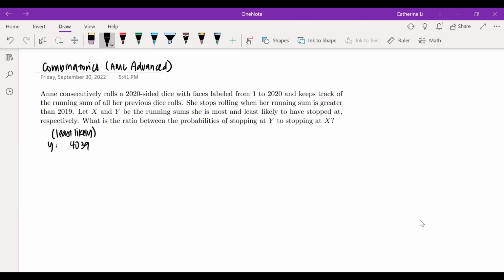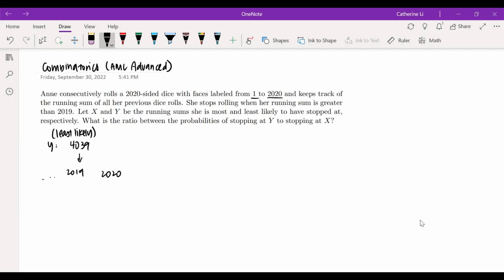And 4,039, the way that we get this is we have faces 1 through 2020. And the only way that we can stop at this sum is if we previously had 2019 and then the last roll was 2020.